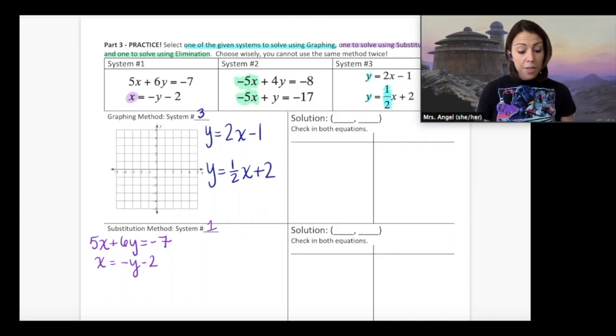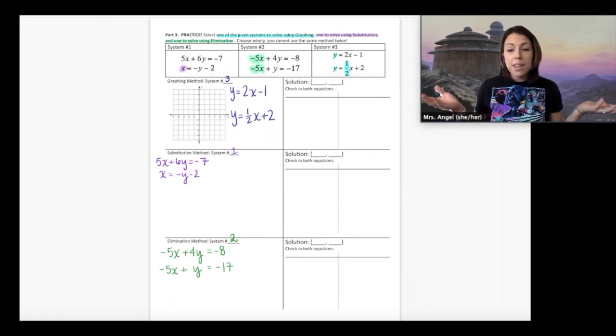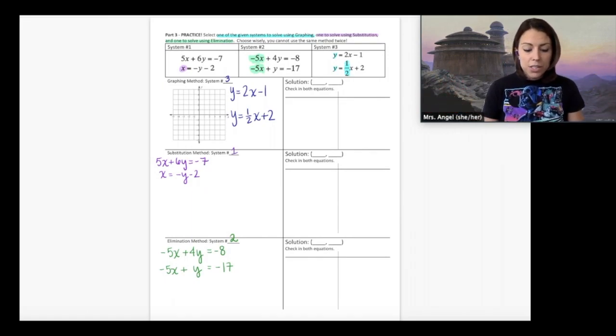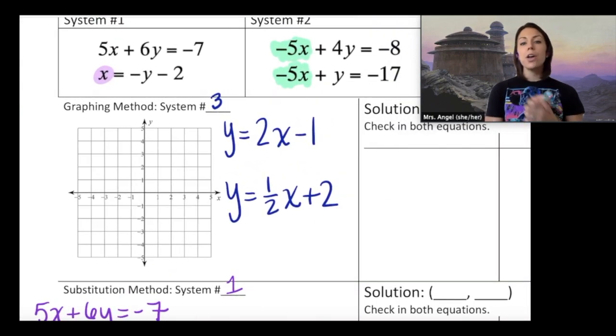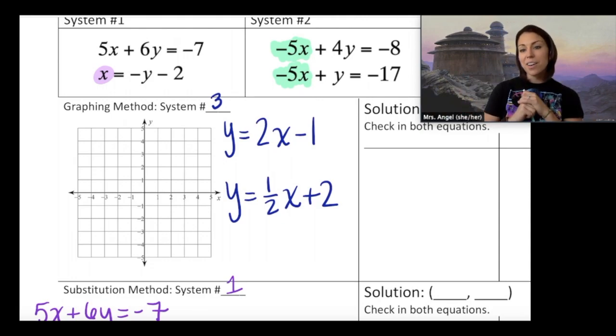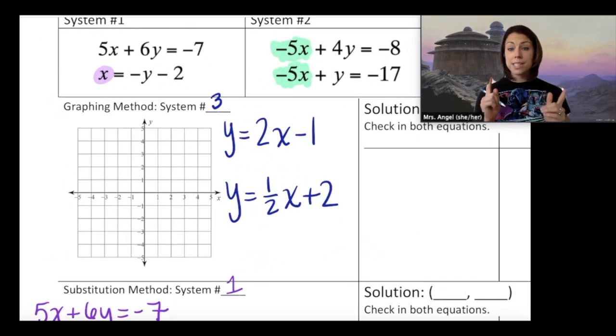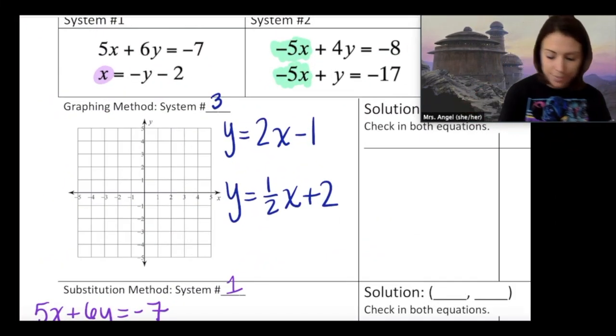Okay, so now that we've decided which method we would use, it's time to go in there and actually do the work. So let's start with system 3. Pause the video now, graph, solve, and check system 3. Come back in and I'll show you the answer. All right, step 1, graph both lines.